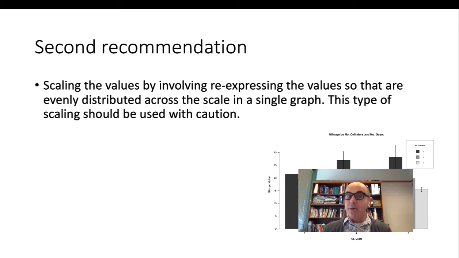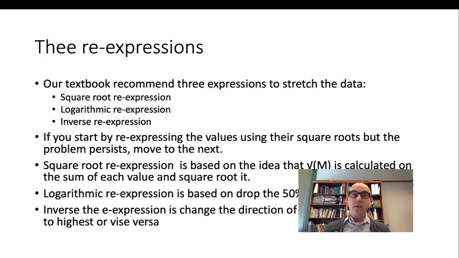The second recommendation is scaling the values by re-expressing them so that they are eventually distributed across the scale in a single graph. This type of scaling should be used with caution. And again, this is something that is often used, and I will show you how we're going to build one with open source R.